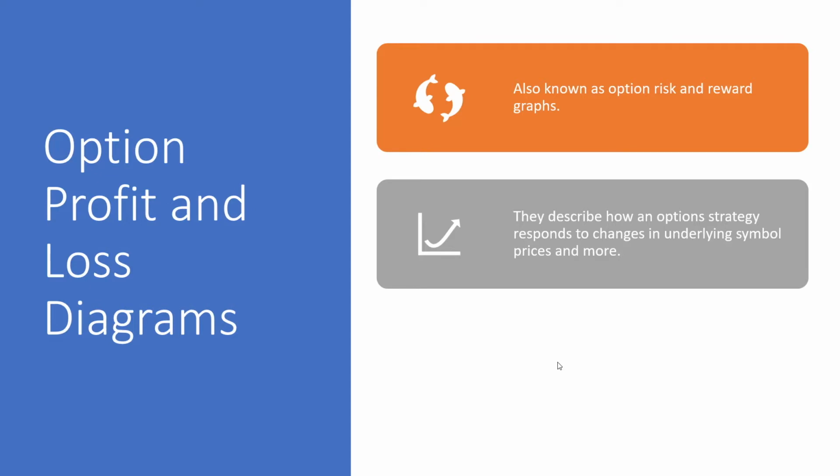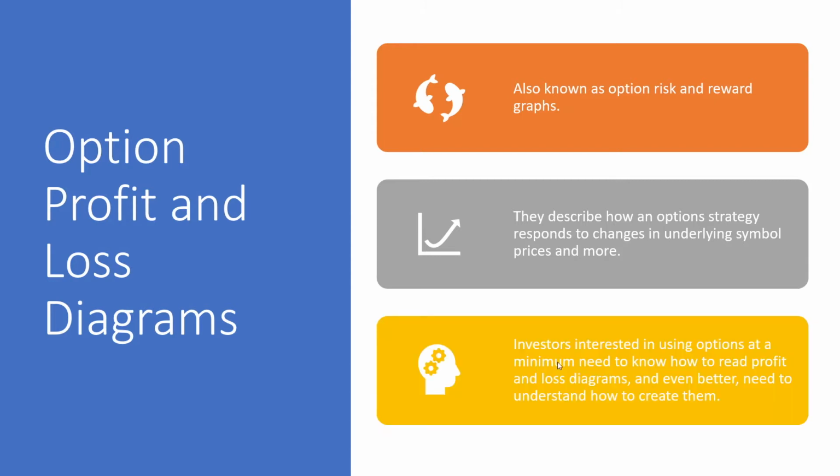These option profit and loss diagrams are our fingerprints for our different option strategies, and knowing how to read them, and then more importantly, how to take this fingerprint and apply it to the patterns you see, is going to be the difference between being just a person dabbling in options and somebody who turns it into a full-on business and makes it a source of profit.